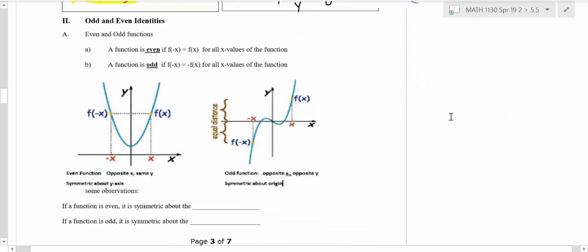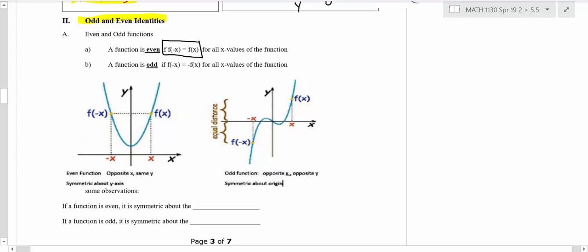Next thing we're going to look at is some new identities. We haven't talked about even and odd identities yet, so I'm going to talk about that. I'm going to review what we did earlier this semester, because we learned about even and odd functions. A function's even if f of -x equals f of x.